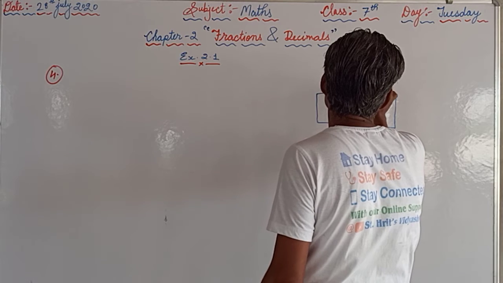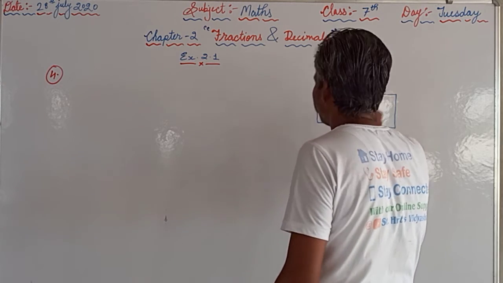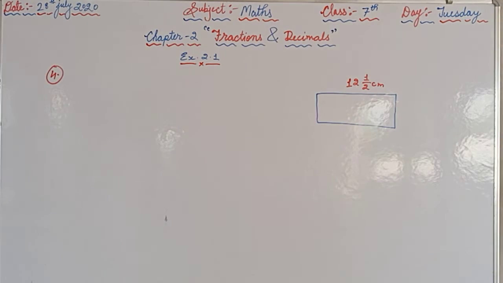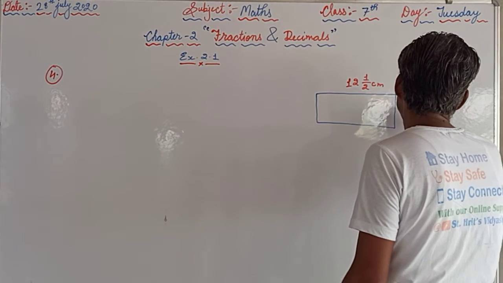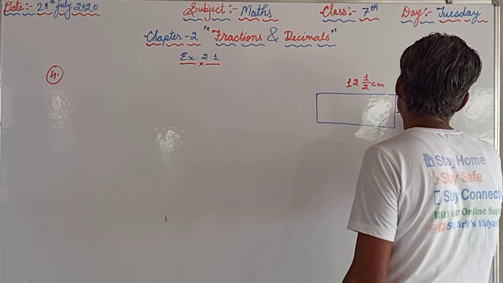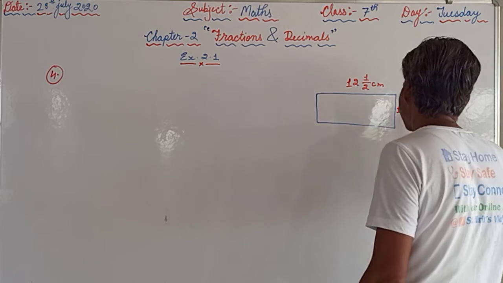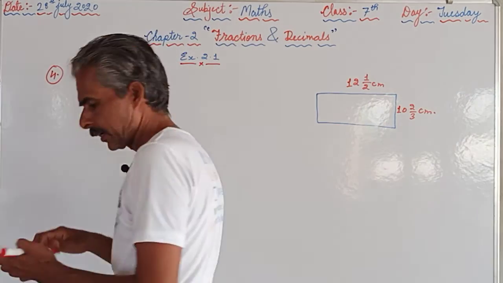And the breadth, or width, is given as 10 and 2 by 3 centimeters. So we are supposed to find the perimeter.